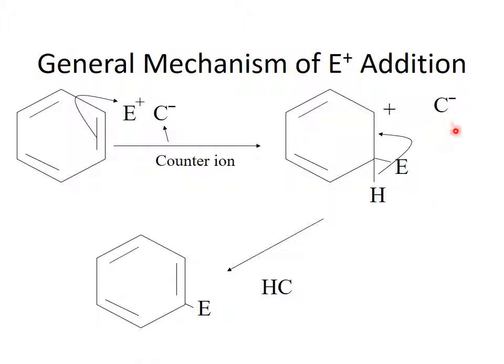Then what happens is the counter ion here will actually pick up the proton that comes off the ring, and when that proton leaves the ring, it restores aromaticity to this ring.